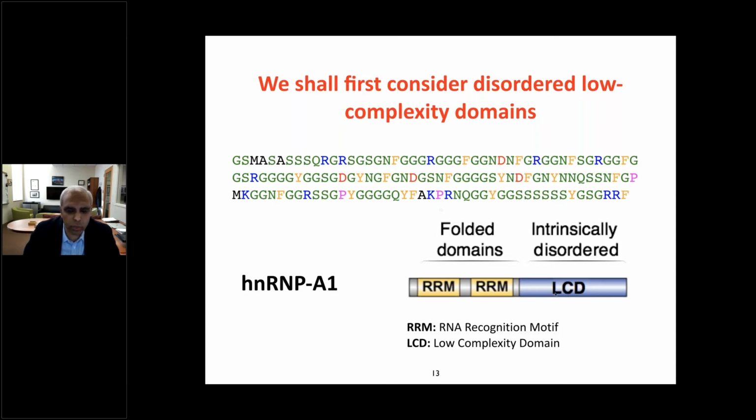But for now, what we'll do is we'll focus on these LCDs or low complexity domains and ask the following question. Given a sequence such as this, which is taken from the low complexity domain of HNRNPA1, a stress granule protein, you will notice the sort of parsimonious usage of amino acids.